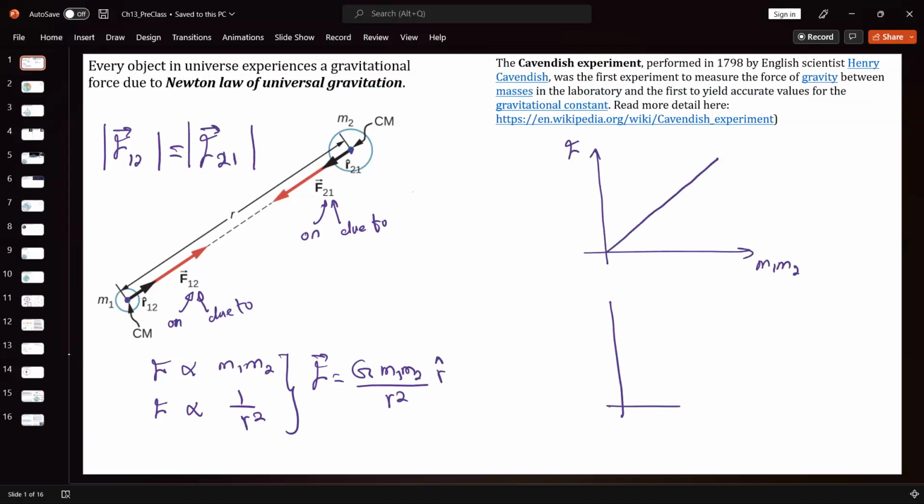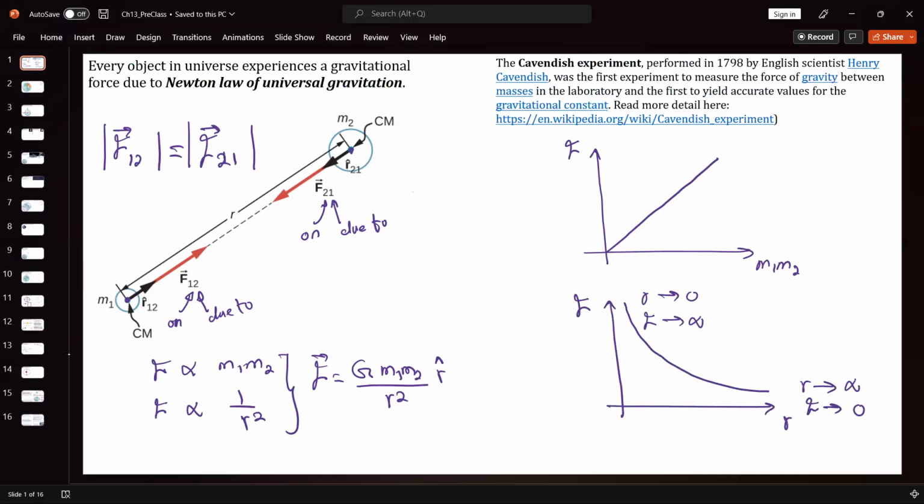On the other hand, if we draw this as a function of radius or separation, the magnitude of the force is going to be very large when the radius is smaller, and very small when the radius is larger. When the radius goes to infinity, the force approaches zero. And when the radius approaches zero, the force approaches infinity. Okay, so that's the idea.